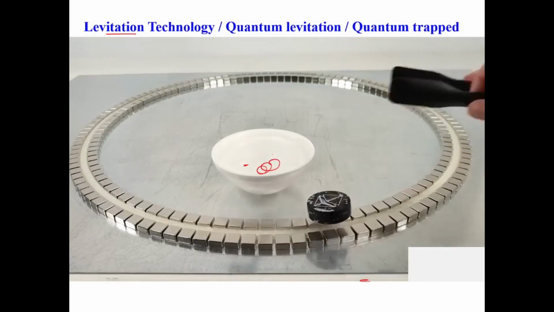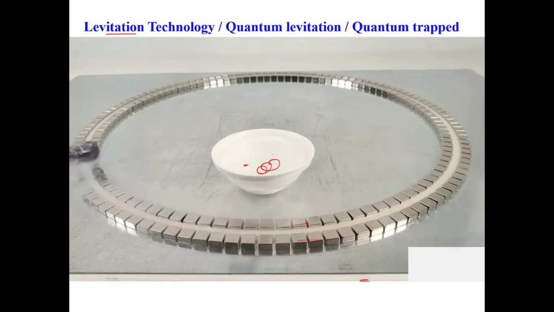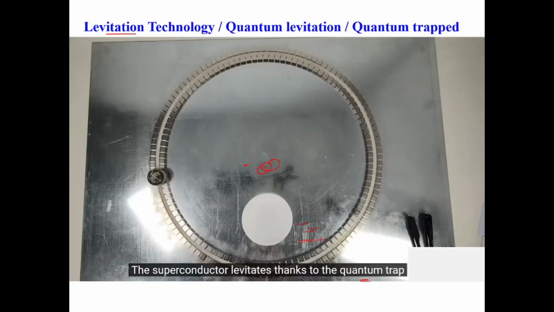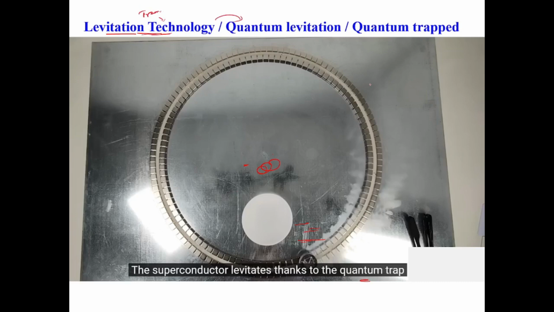Whenever we put the magnet on it, it will be repelled and will float over the magnets. This is called levitation technology, and with the help of this technology we can imagine levitation train technology. The mechanism is quantum levitation, also called quantum drift.